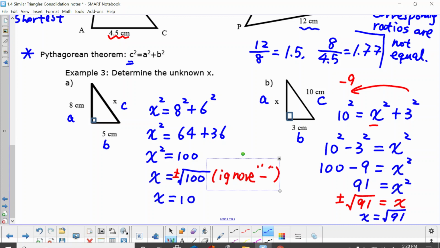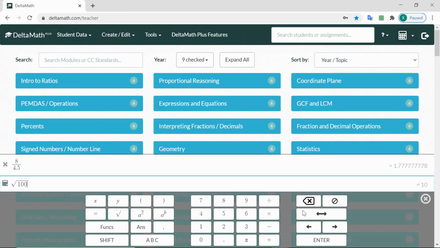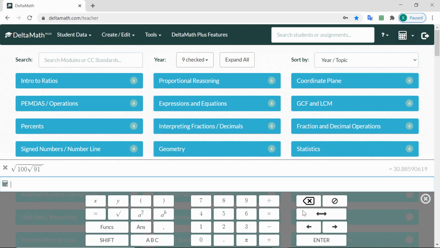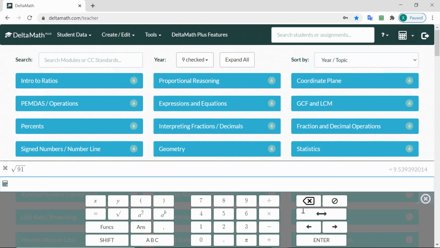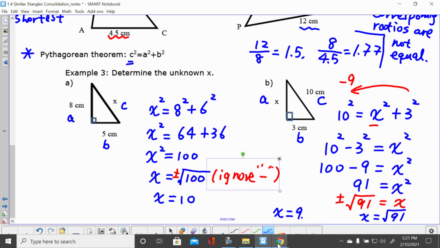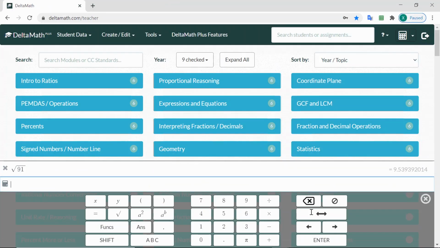You could write it in decimals, so we just square root 91. Sorry, I need to restart a line. Square root of 91 equals 9.539. So we could keep one decimal place. So 9.5.